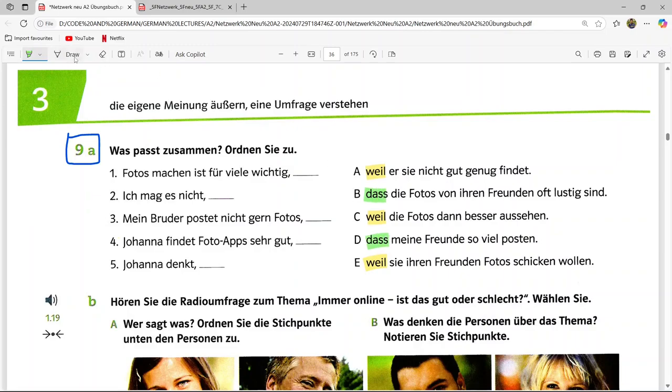Okay, so if you already have done the A1 course, read the A1 lectures of my playlist, we know that weil means because.